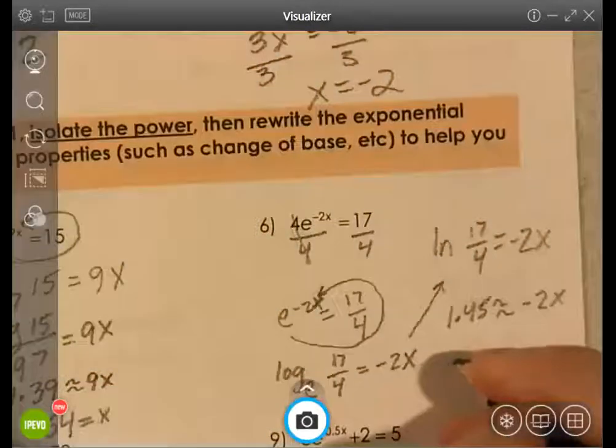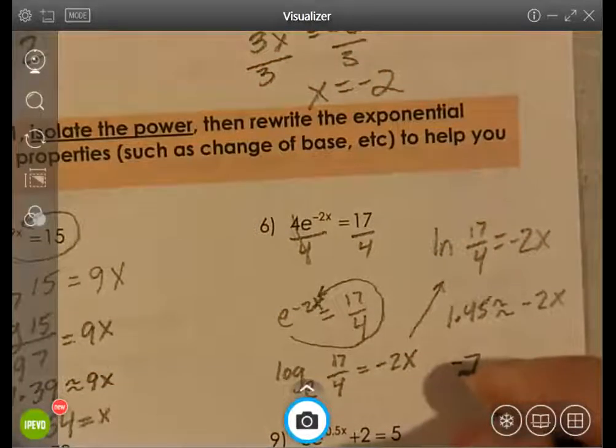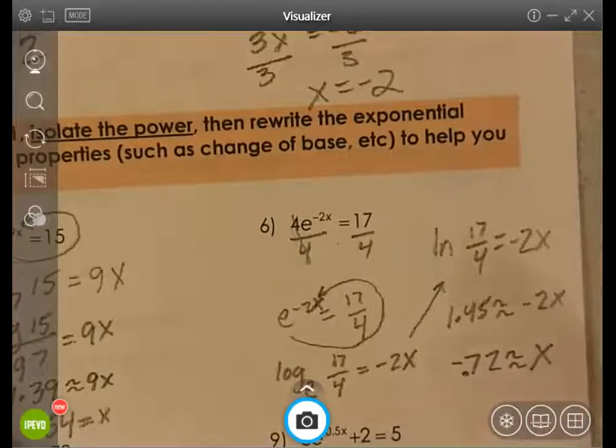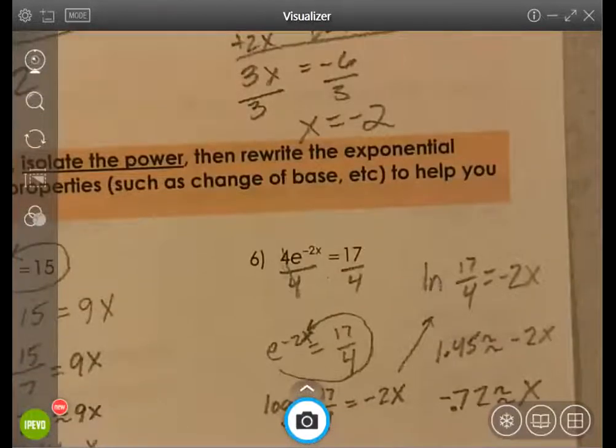And that gives me -0.72 as my approximate answer. It's not the exact answer. It's the approximate answer because it's a rounded number.